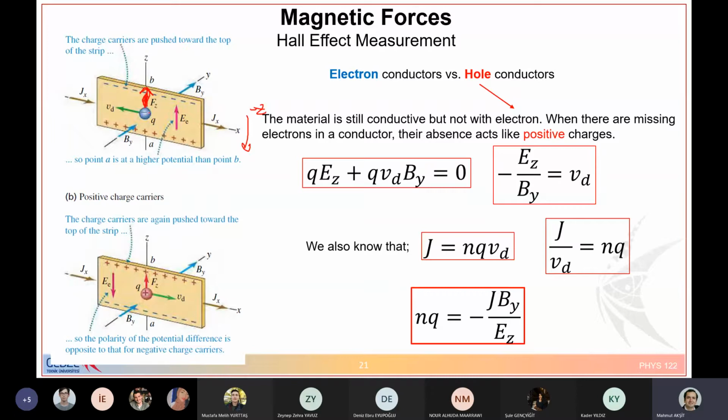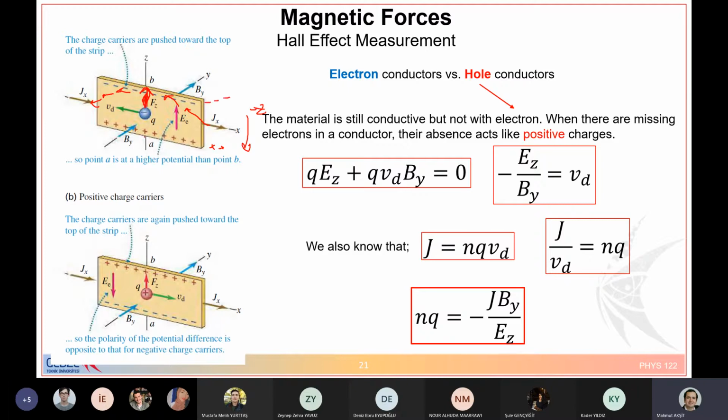And what happens is, as the electrons are moving, they make a path like this, not a straight path along the x-axis, but they get deviated from their path, and the bottom part of the plate becomes positively charged locally, and the upper part becomes negatively charged.